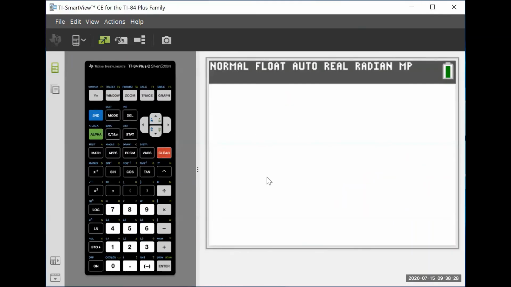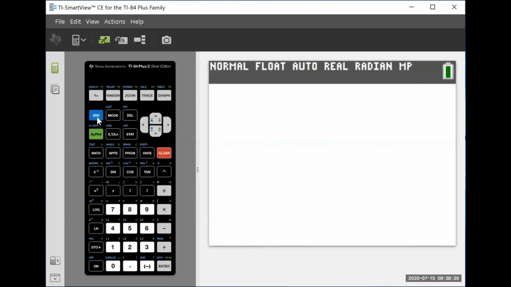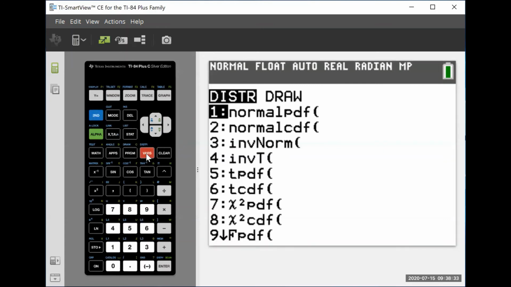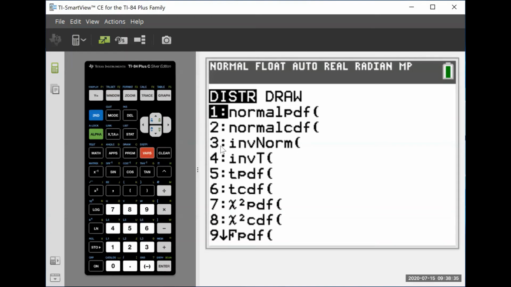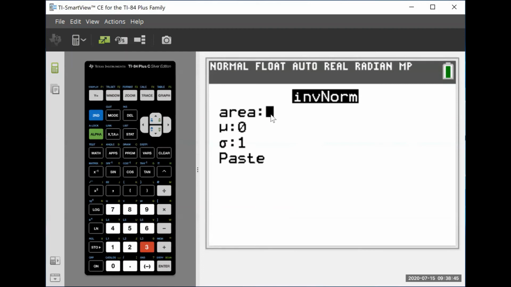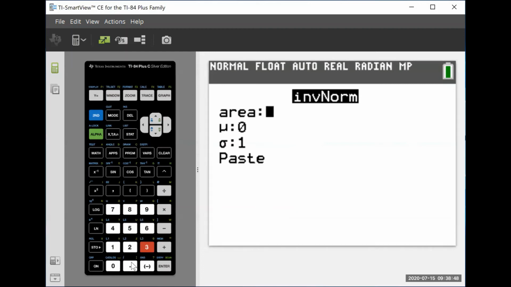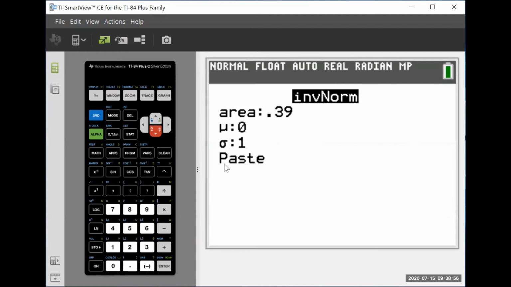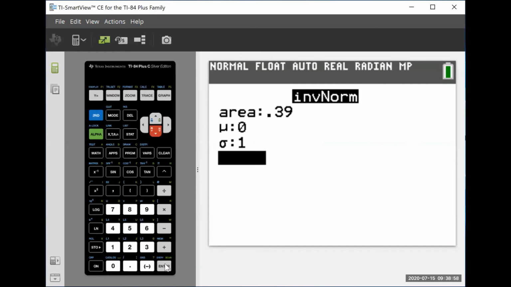In our TI-84 calculator, we go to second, then vars. In this case, we are using inverse normal, which is number 3. So press number 3 and type your area, which is 0.39. The mean is 0 and the standard deviation is 1. Then paste this on the main screen.